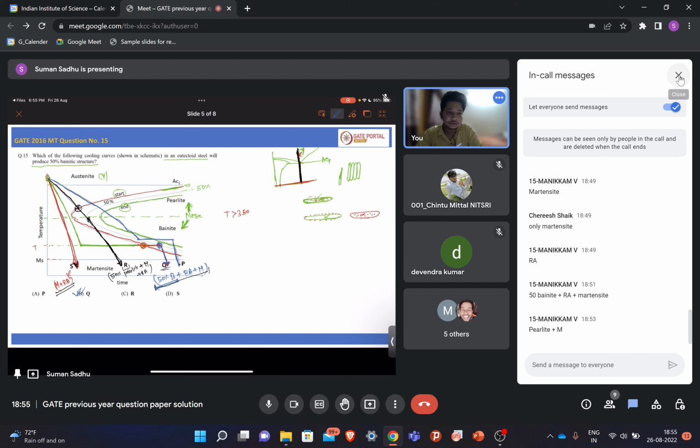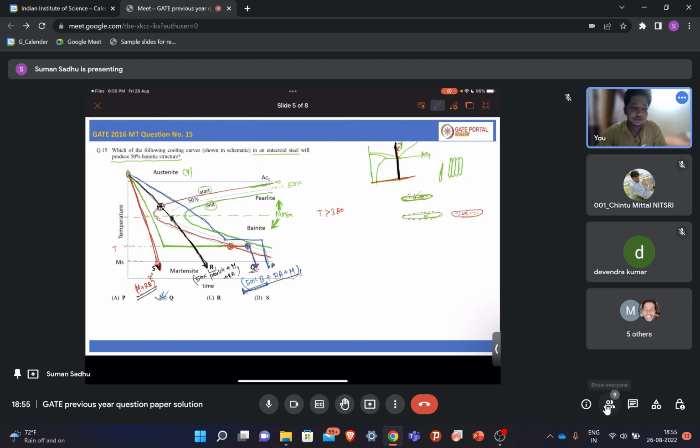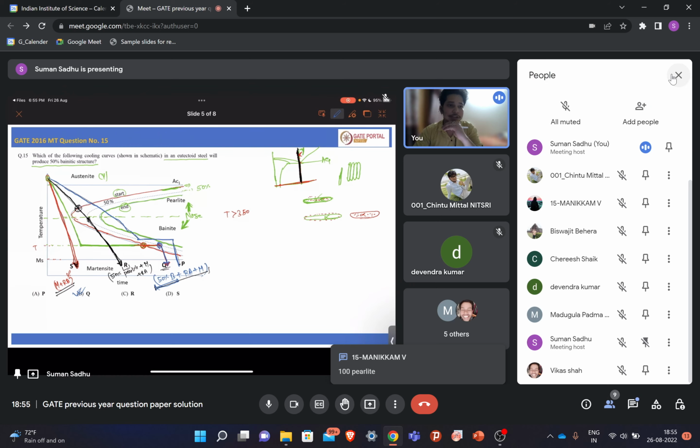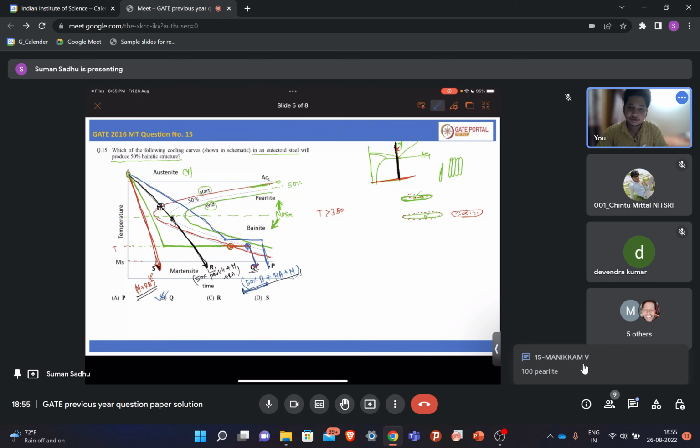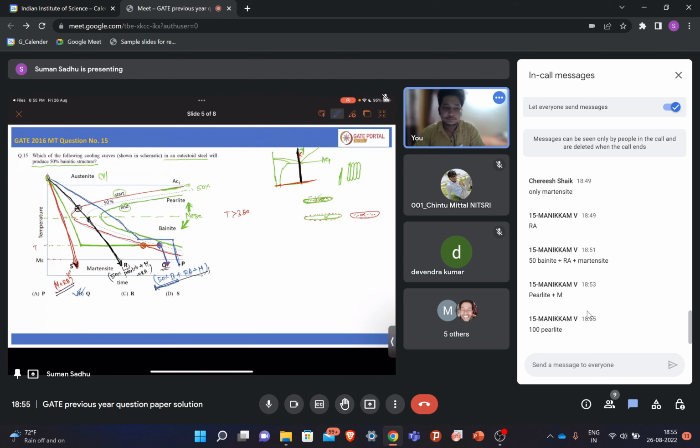Others also can try to answer. It is not necessary that you have to give only the right answer. At least try. Okay, 100% pearlite. Yes, you are right.